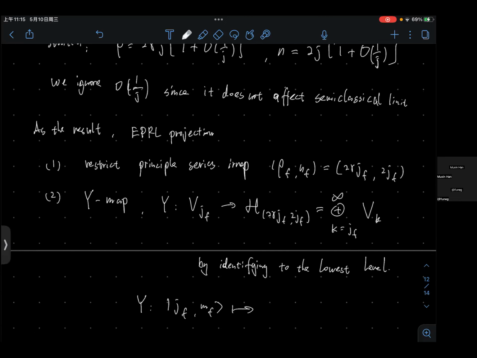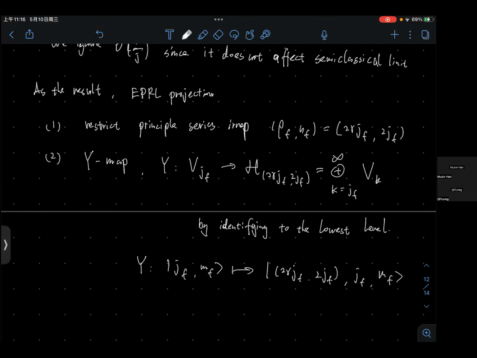Yeah, it maps to the canonical basis in SL2C, (2 gamma j_f, 2 j_f), j_f, m_f. Okay, so this gives you an explicit formula for this Y-map.